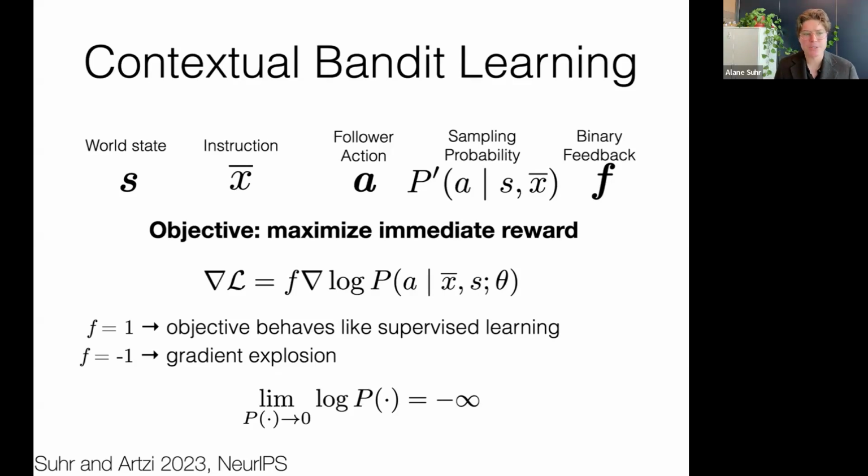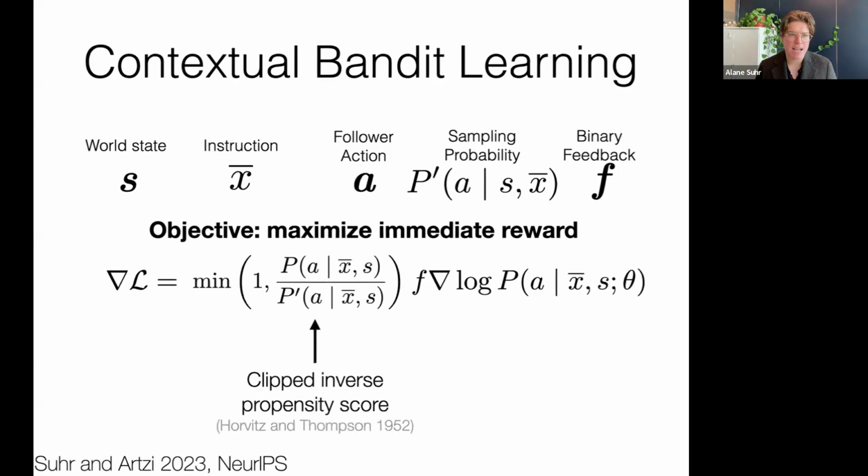But for negative examples, as we train on them, their probability goes to 0, which is great because we don't want to sample these kinds of actions. But the problem is that the log of that becomes close to negative infinity, and then the negative examples will start to dominate the loss.